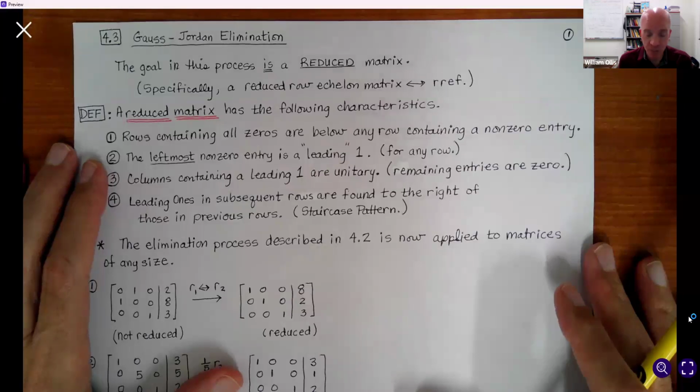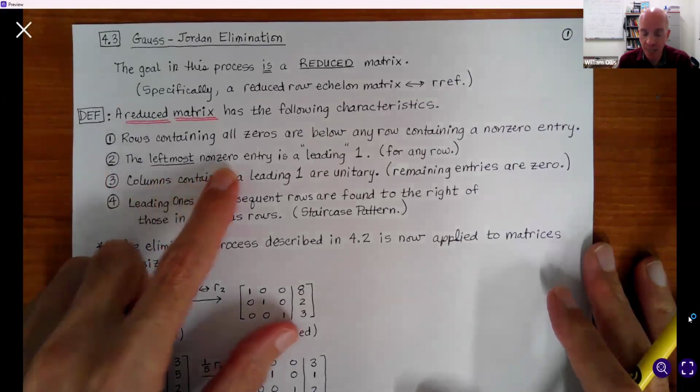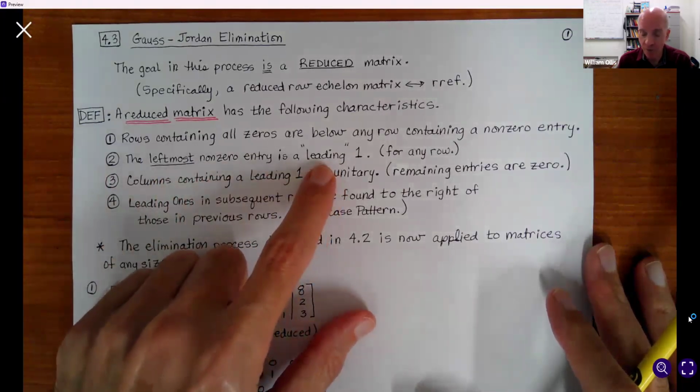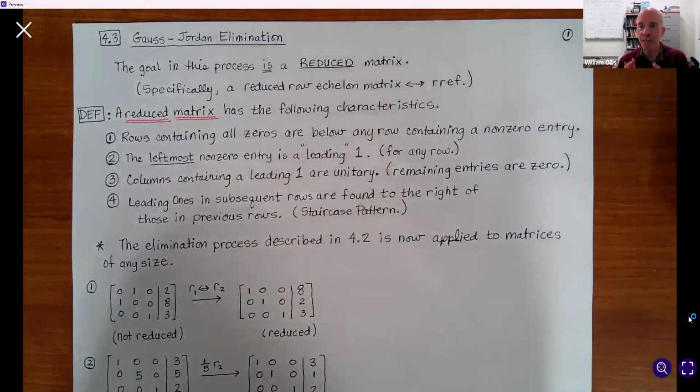The second characteristic is the leftmost non-zero entry is a 1. And notice here I've called it a leading 1. When we think of all of the entries to the left of the vertical line, remember the vertical line denotes the equal signs in our systems of equations.